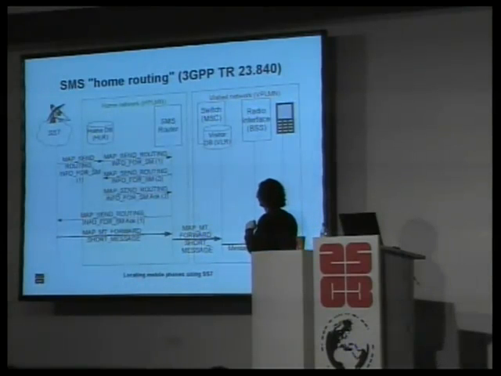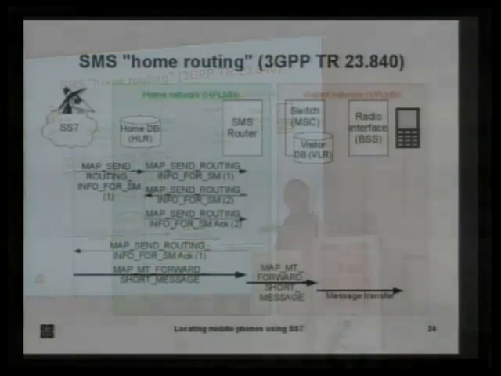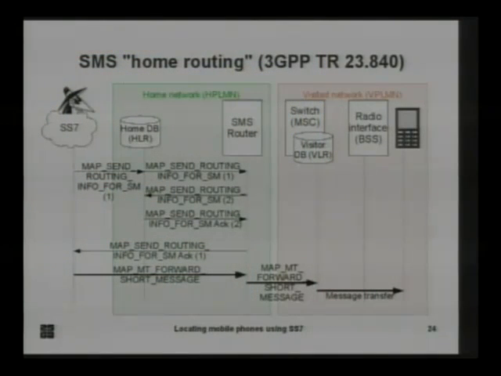So this is again how home routing will work. The sending network will send a request for routing information like always, but the SMS router will then answer with fake routing information that just contains data for the SMS router itself. Then the sending network sends the short message to the SMS router.